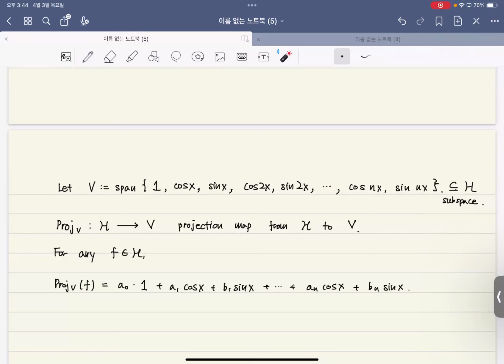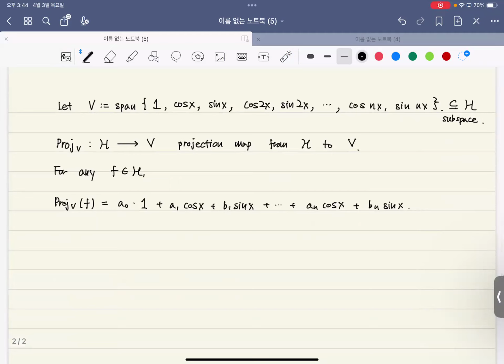All I want to do is determine each of these coefficients. How can I determine them? This is very simple.